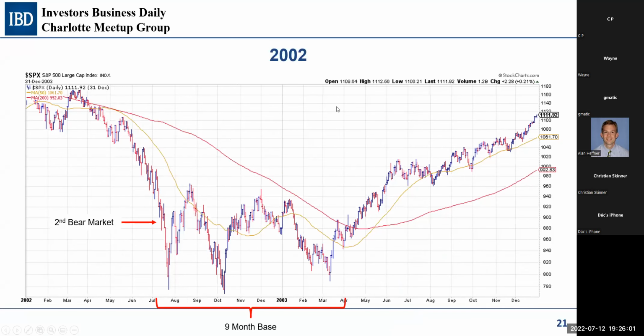All right, 2002. So this is a part of the bear market, or a separate bear market, just because there were those sharp rallies throughout those 2 years. Notice officially a bear market here, down 20% in the last leg, and just choppiness for 9 months until you're in the clear.